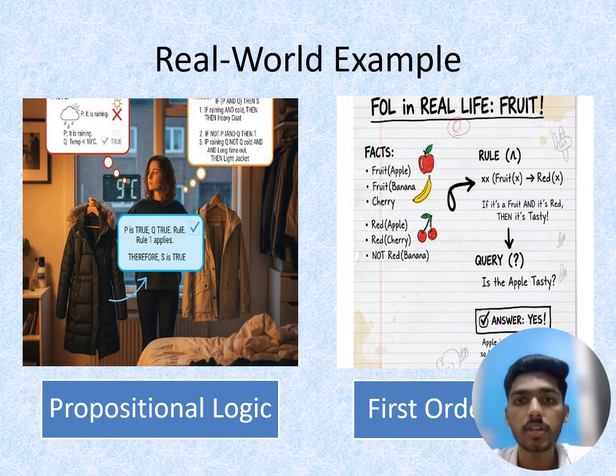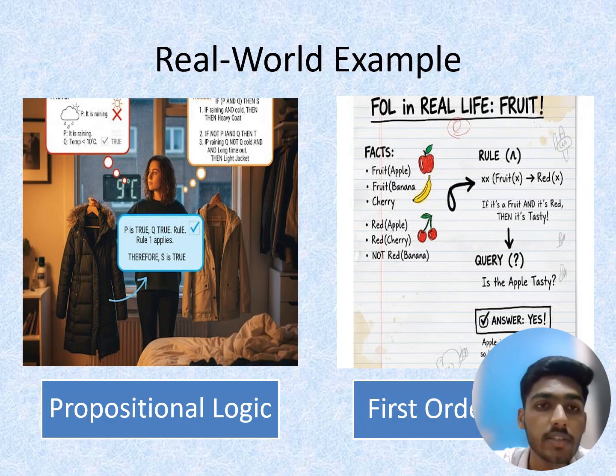Let's see a real world example. As you can see in the first picture, P indicates it is raining. Q is temperature less than 10 degrees Celsius. They are facts, and the condition is if P and Q then S. 1. If raining and cold then heavy coat. 2.